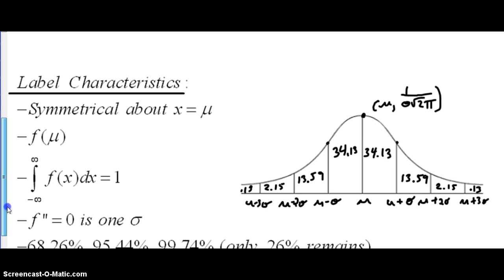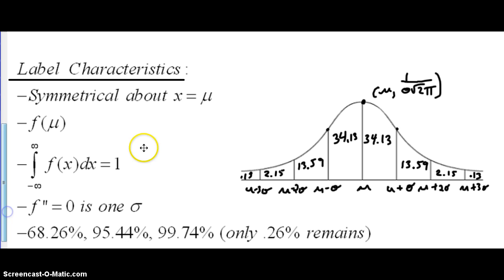It's going to be symmetrical about our mean here, x is mean. Remembering from Algebra 2, our mean was always right here in the center, and all the data is symmetrical around your mean when it is distributed normally.